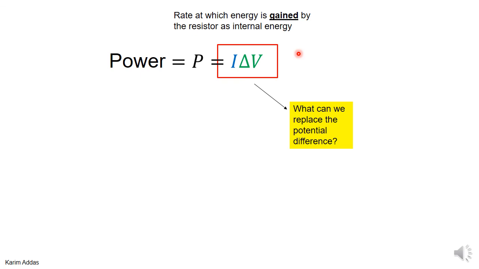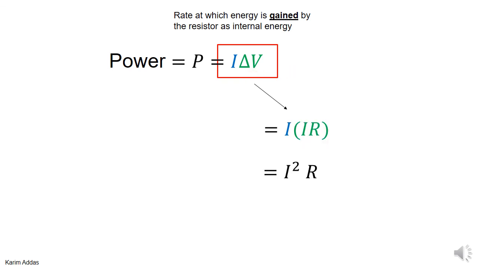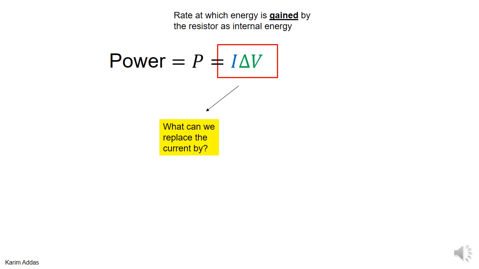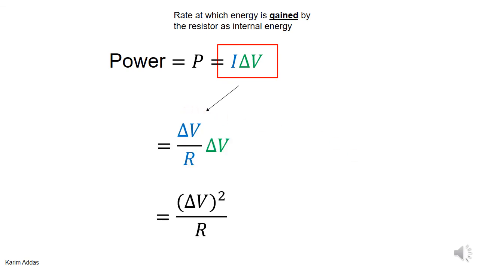Now, we can write this formula in a different way. What can we replace delta V by? We can replace delta V by I times R. And so you get another equation for the power, which is I squared times R. Or you could replace the current by delta V over R, and so you get delta V squared over R. These are just different ways of writing the power.